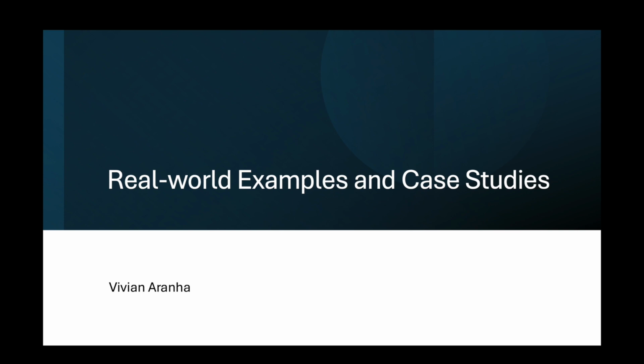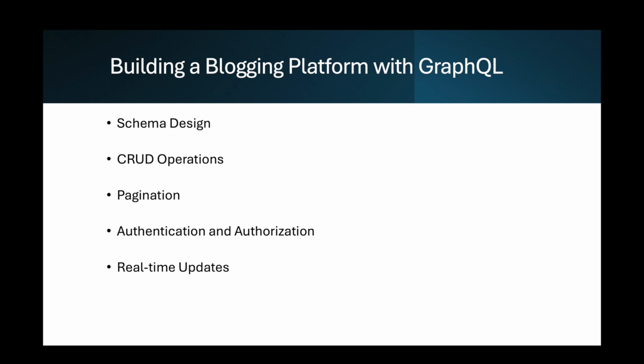Now, if you want to build a blogging platform with GraphQL, the first thing that you need to do is schema design. Design a GraphQL schema to represent blog posts, authors, comments, and other relevant entities. Next, you'll have to look at CRUD operations, which is to implement your CRUD operations, which is create, read, update, and delete, using GraphQL mutations for managing blog posts, comments, and user profiles.